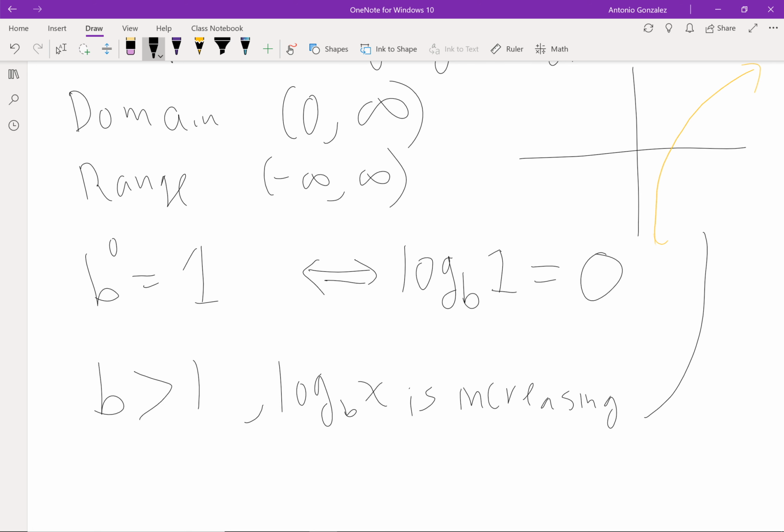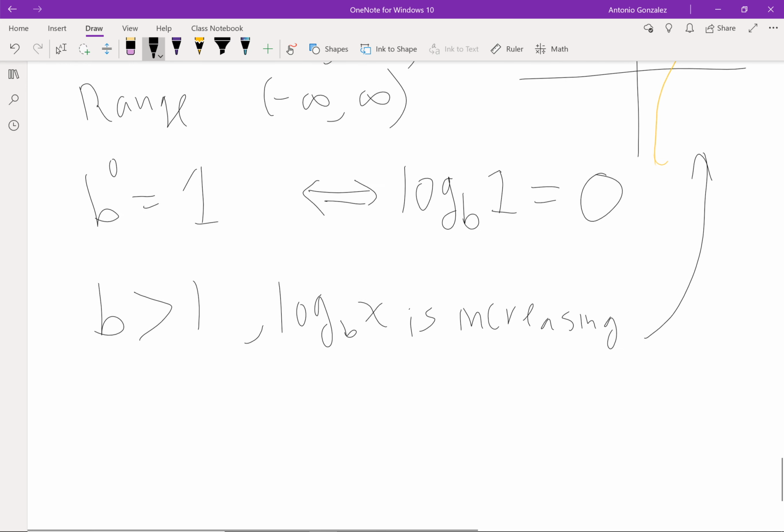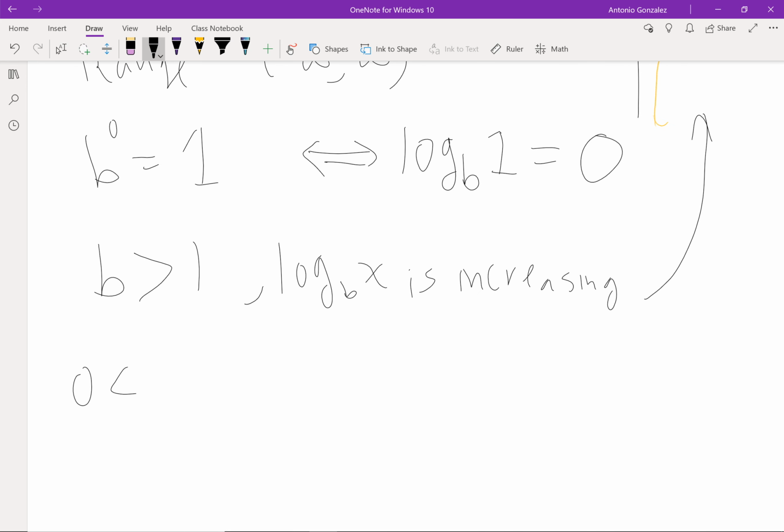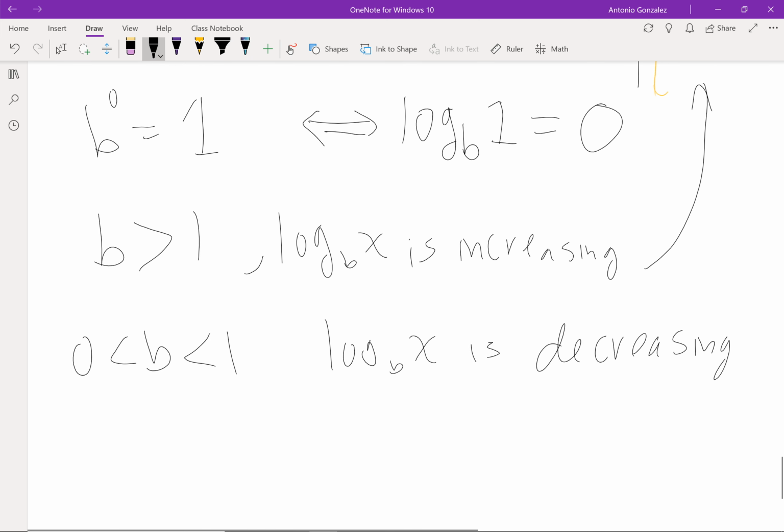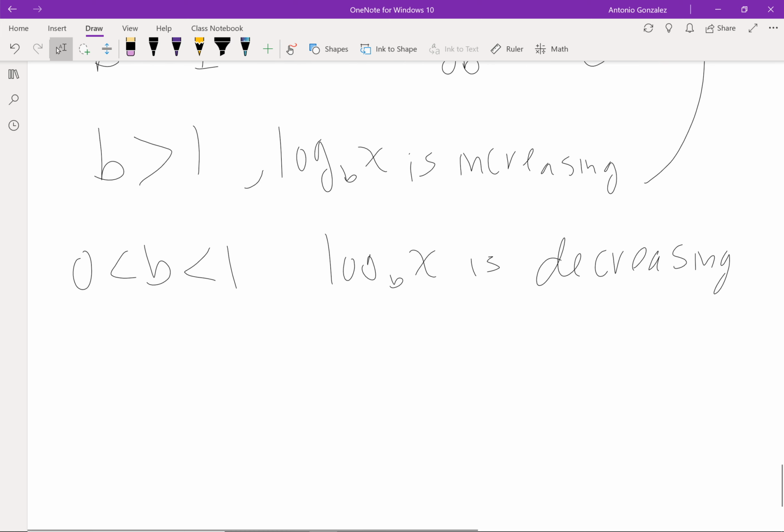In other words, it looks something like that up there. And when b is between 0 and 1, then log base b of x is decreasing. That means it looks more like this.